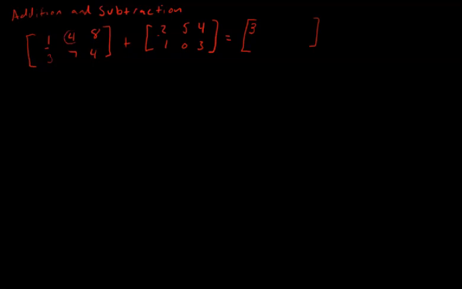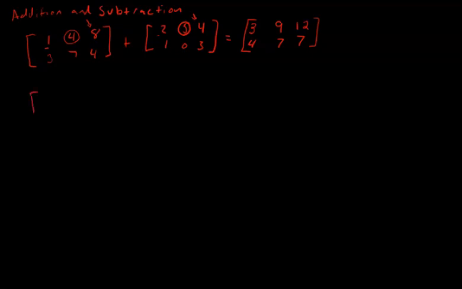Then we have 4 plus 5, which is 9. And the last one is 8 and 4, which is 12. Do the same thing in the bottom row. We have 3 plus 1, which is 4, 7 plus 0, which is 7, and 4 plus 3, which is also 7. And that's it for addition.